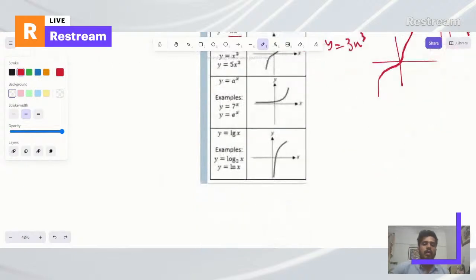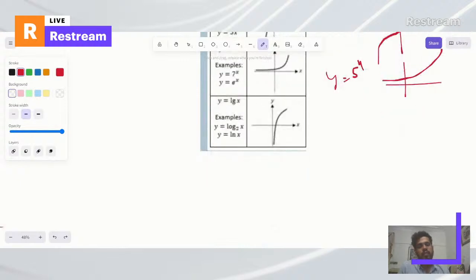And now if I have any variable to the power x, let's say y equals 5 to the power x, this is going to be like this. And now if I have a graph of logs, so y equals log x, doesn't matter what the value of x is, it's gonna be a shape like this. Okay, so that's pretty much it.